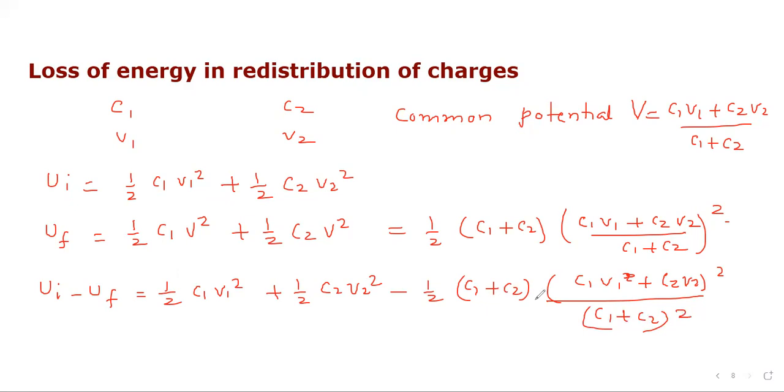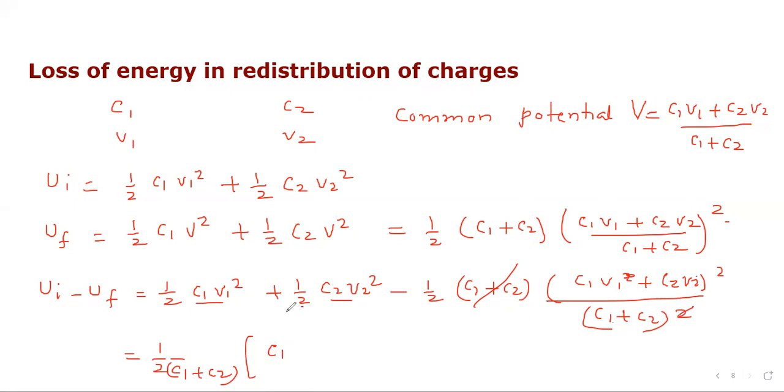So one (C1 plus C2) will cancel out, and in the denominator we get only C1 plus C2. Now, if we take the LCM, so what do we get? We will get 1 by 2 common, and C1 plus C2. And then this C1 plus C2 will get multiplied to this term, and the difference of these.